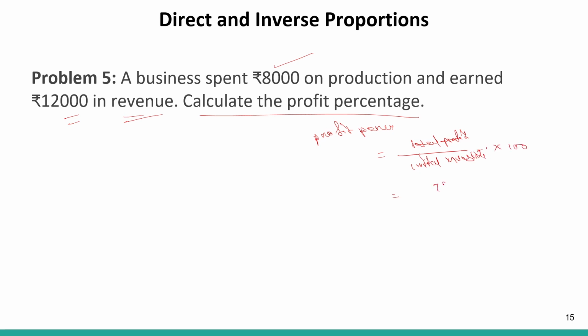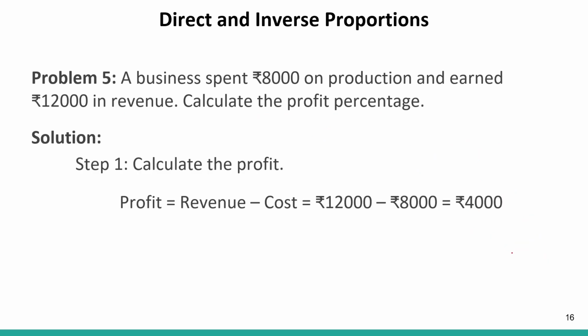So in this case, it is 12,000 whole by 8,000 into 100. Cancelling another 0, 1200 by 8 is equal to 600 by 4, equal to 150. So 150 is the profit percentage.